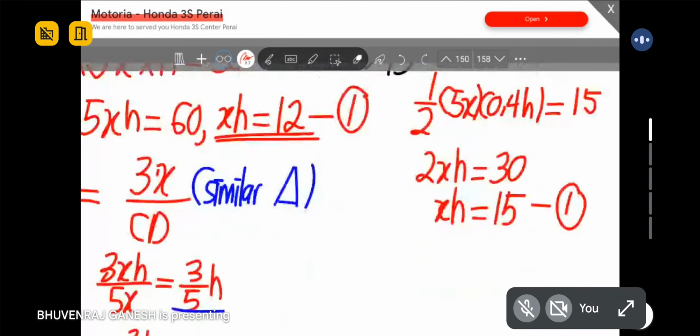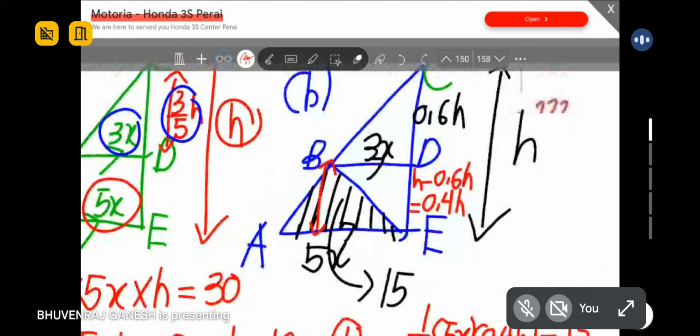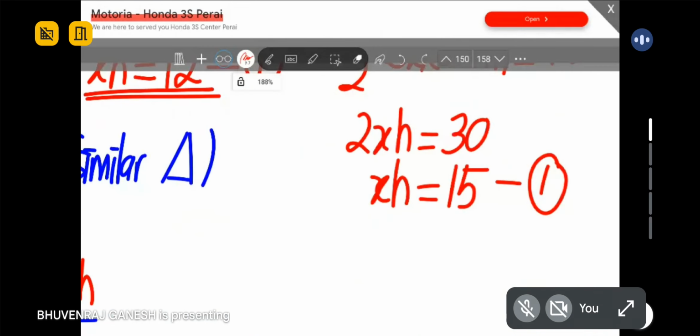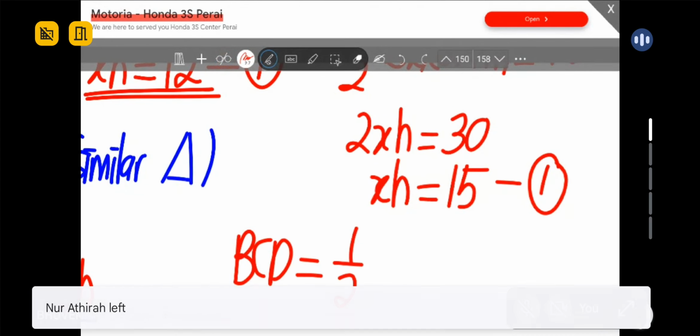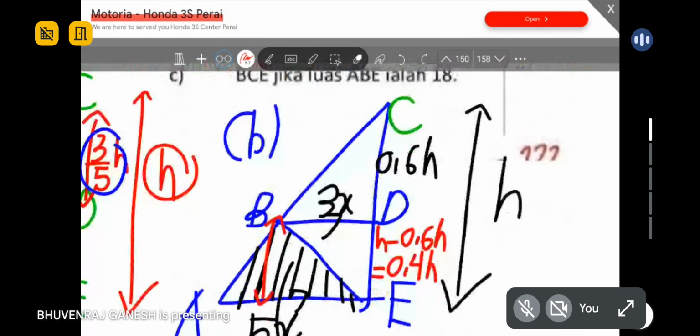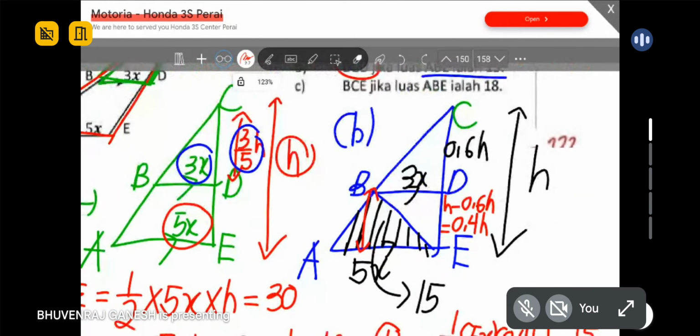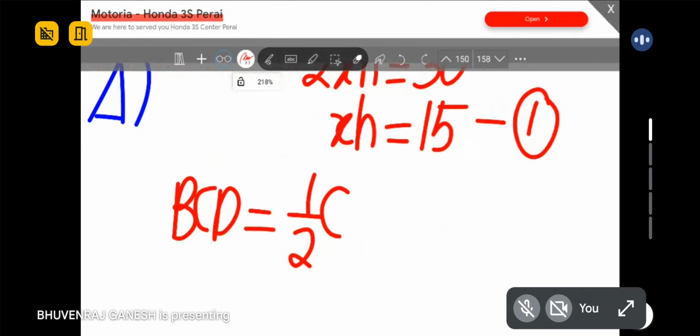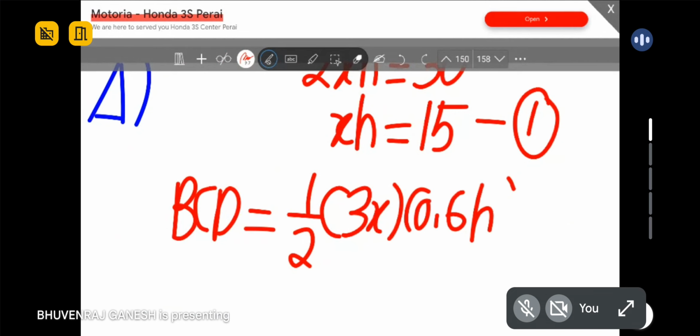Because now the question wants to find the area of BCD. So for BCD it is half times base. What is your base? 3x for BCD. Height, 0.6h. So it's the same equation like just now, but your value is different for xh.